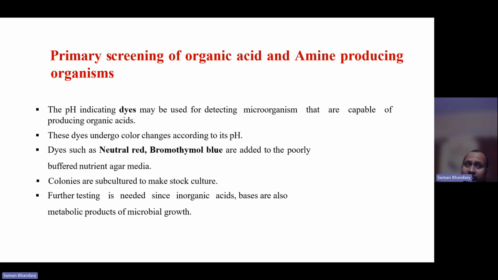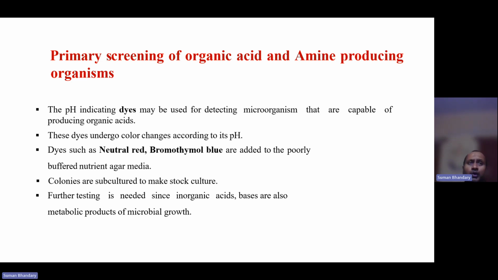Production of an organic acid can also be detected by an alternative method, in which we use calcium carbonate. Calcium carbonate is incorporated into the agar medium, and the production of organic acid is indicated by the formation of a clear zone around those colonies which release organic acid into the medium.